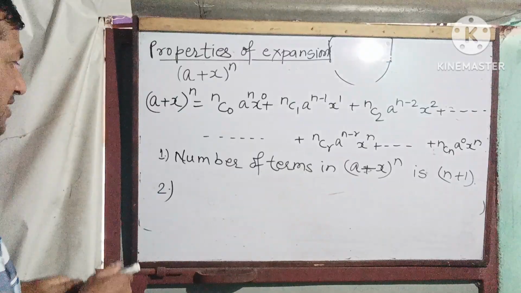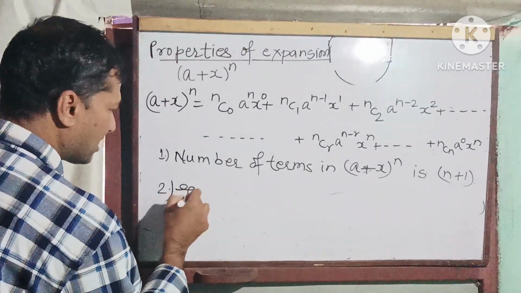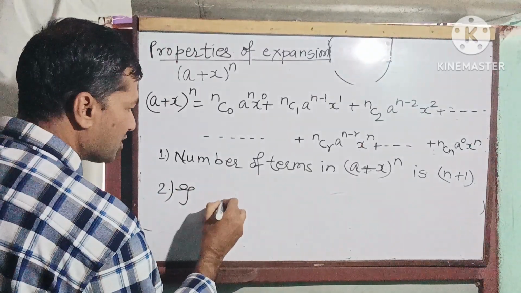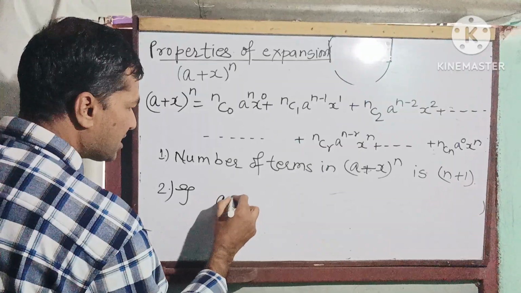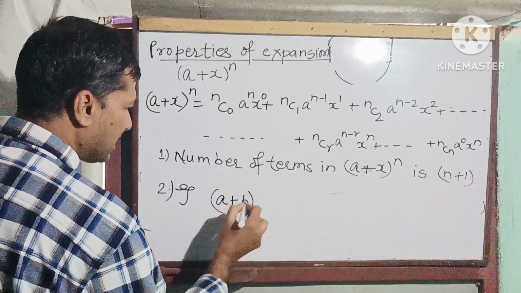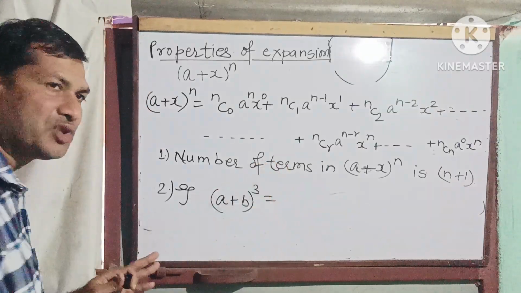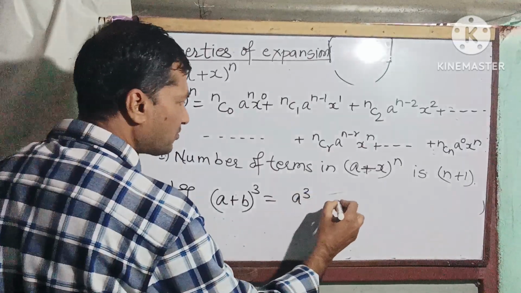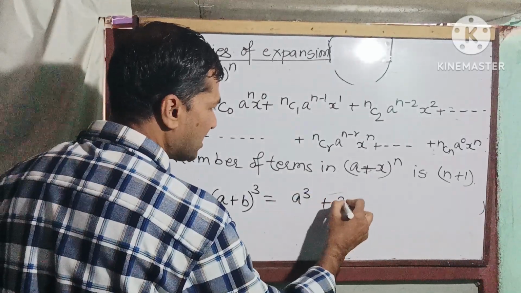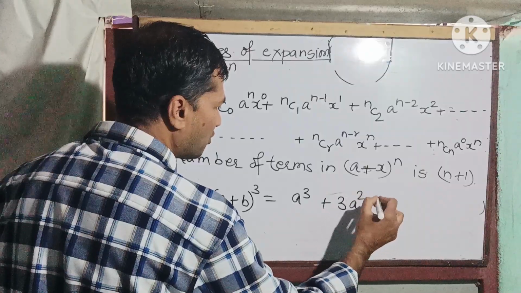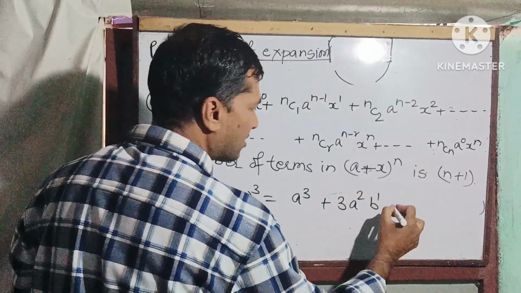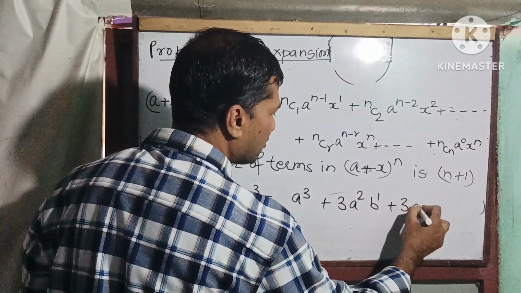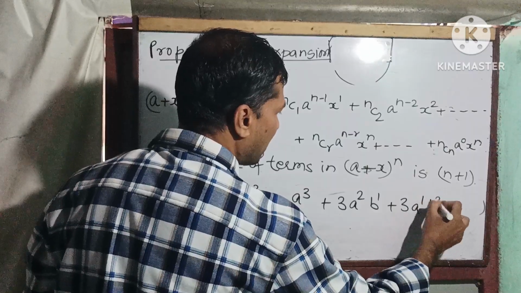As an example, let us take (a plus b) to the power 3. A simple example we know. What do we write? a to the power 3. Second term is 3 a to the power 2, b to the power 1. Third term is 3 a to the power 1, b to the power 2.